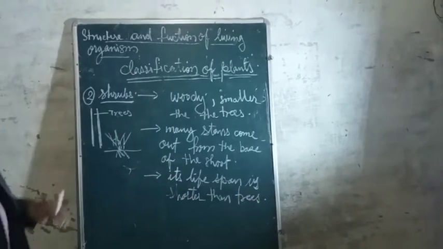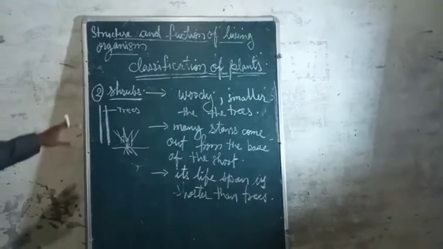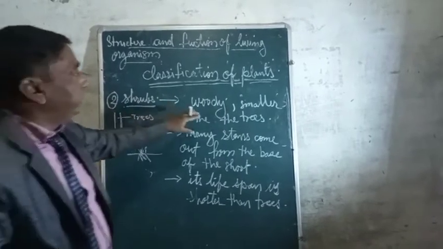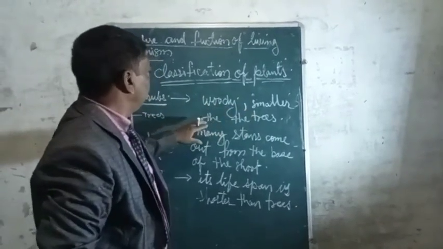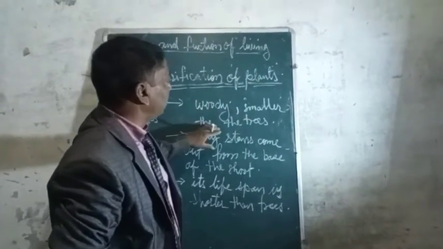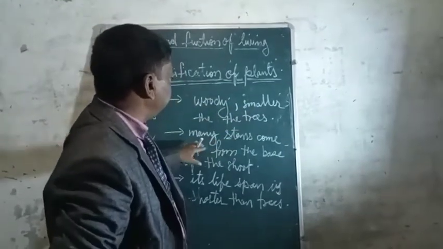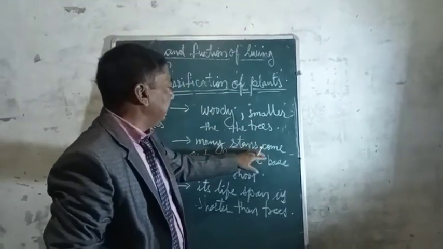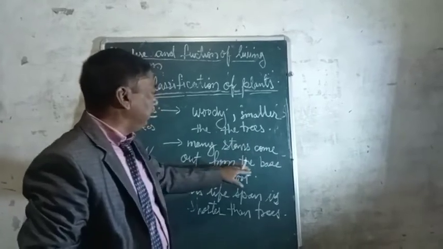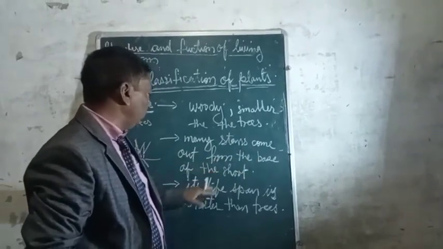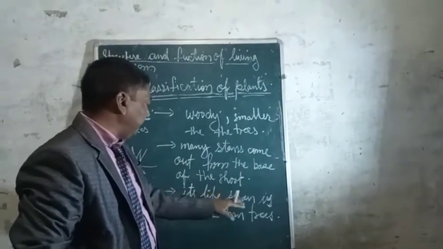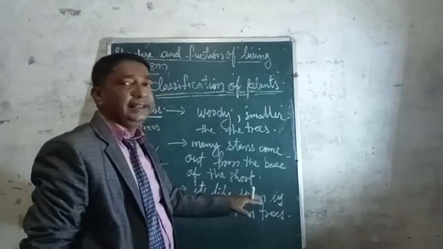So, shrubs are woody and smaller than the tree, many stems come out from the base of the shoot, and the lifespan is shorter than trees.